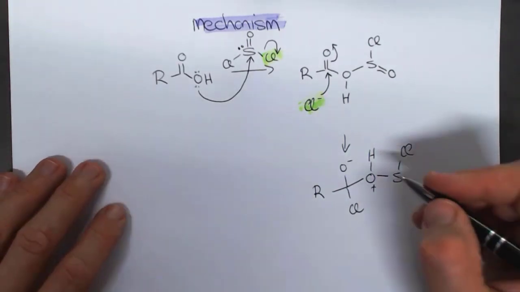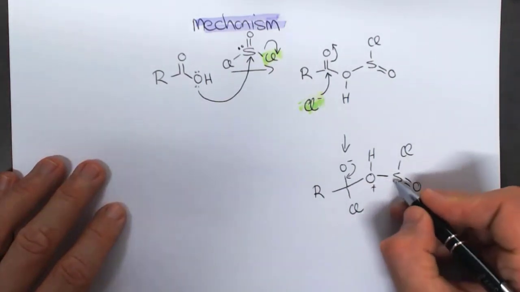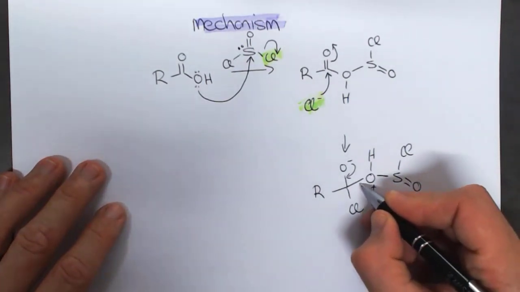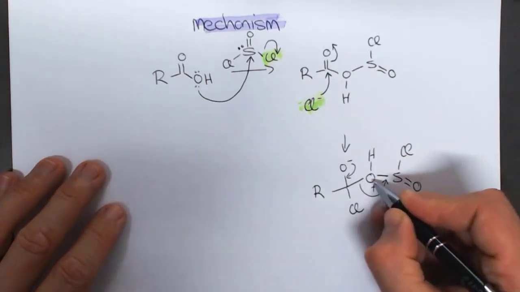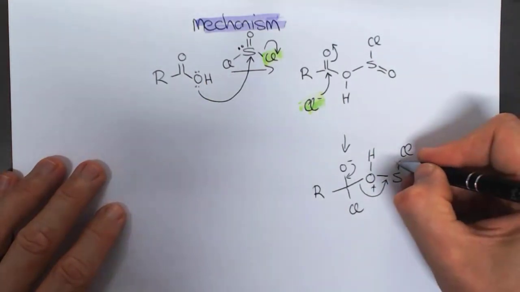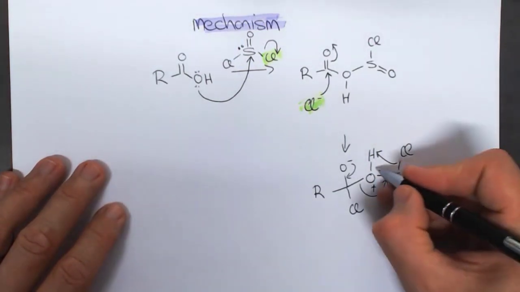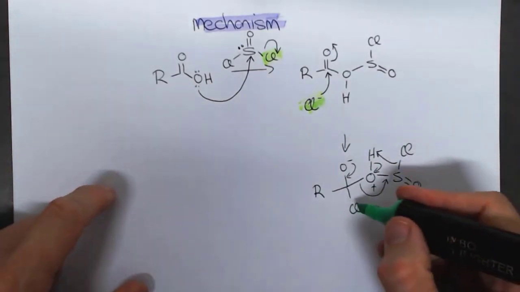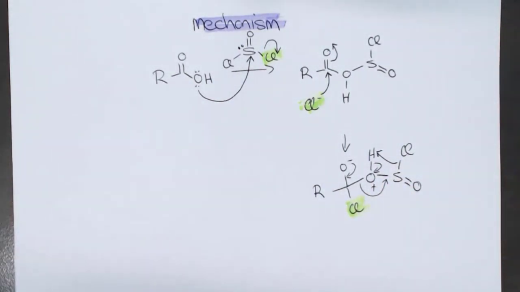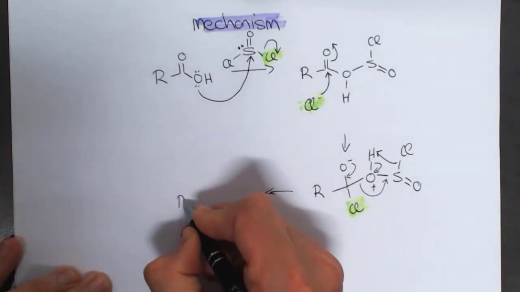What happens now is that this kicks back in, and it kicks out an absolutely excellent leaving group, which is this over here. So this bond breaks, it goes to form a double bond to the sulfur, which means that this bond kicks out a chlorine, a very good leaving group, which can pick up this H to form HCl. So let's watch all of those different components that have formed. That's going to give us our acid chloride.